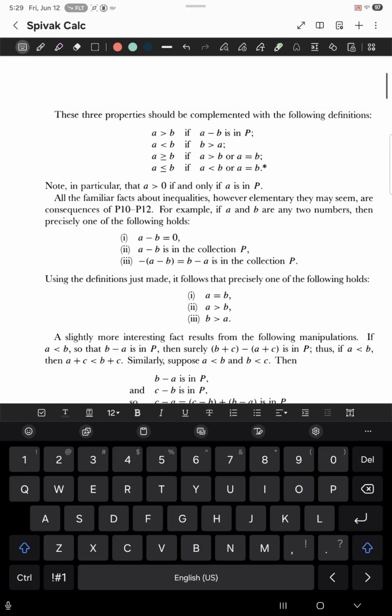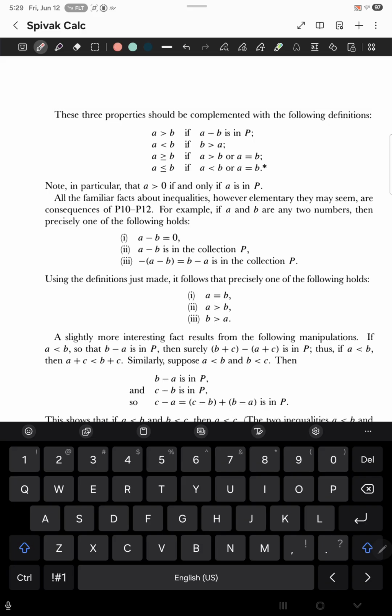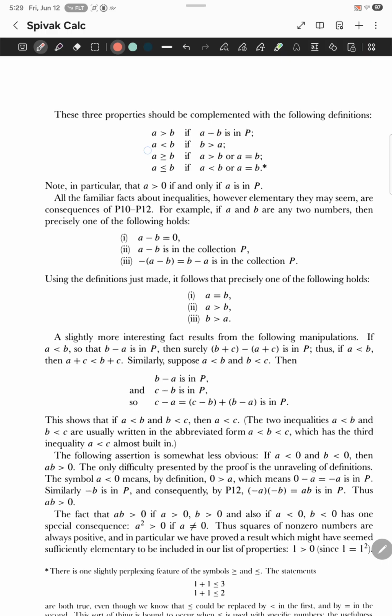These three properties should be complemented with the following definitions. A is greater than B if A minus B is in P, and A is less than B if B is greater than A. A is greater than or equal to B if A is greater than B or A is equal to B. Same thing, the opposite way.